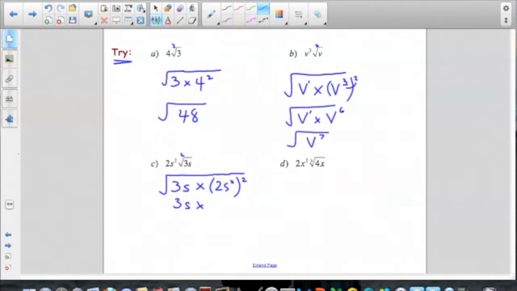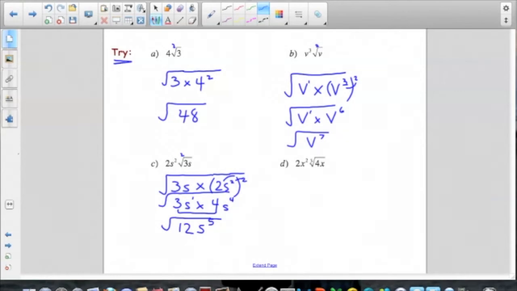Remember, this 2 comes to that to make it 4 because 2 squared. And it comes to that, makes it s to the 4. And then we do some tidying up. Multiply these two numbers to get 12. Remember there's a 1 there. Now we have the powers with the multiplication. That means we add the powers. So s to the 5 is the answer.